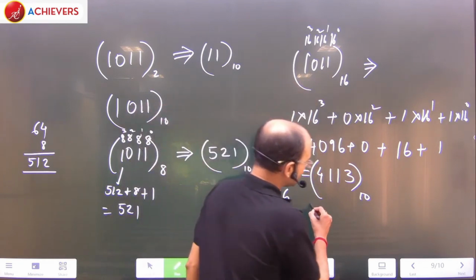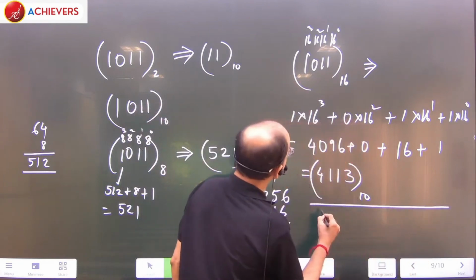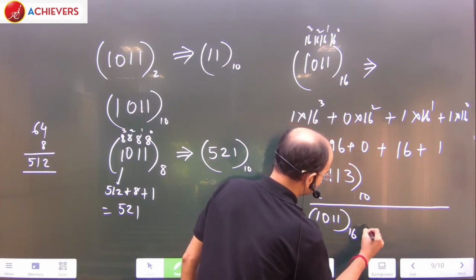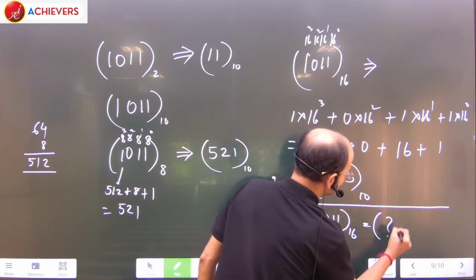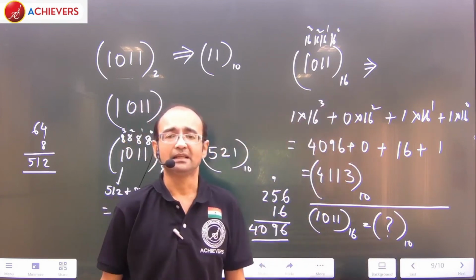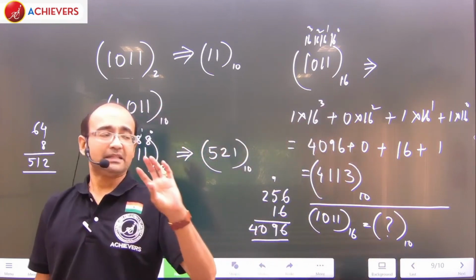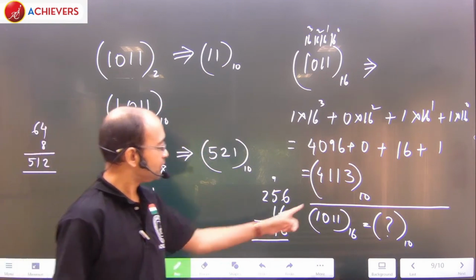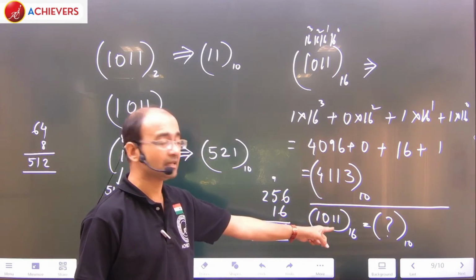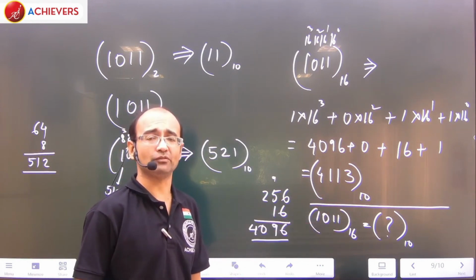So if the conversion comes like this, 1011 base 16 equals question mark base 10, this will be the evaluation of the decimal equivalent of the hexadecimal 1011.